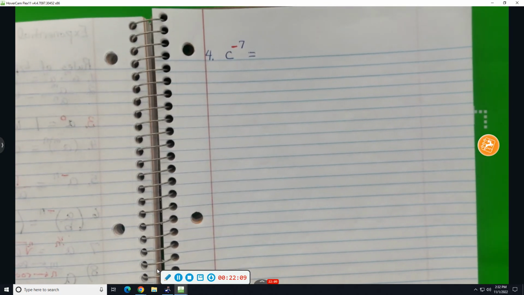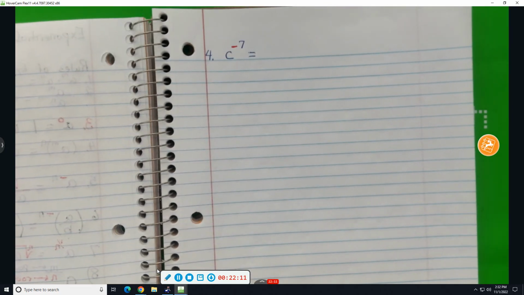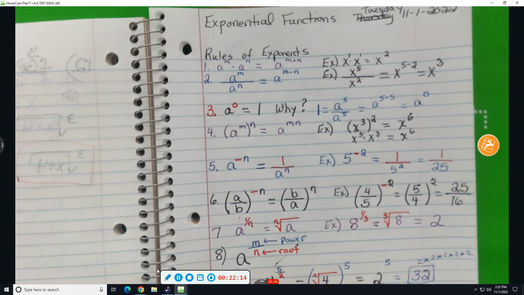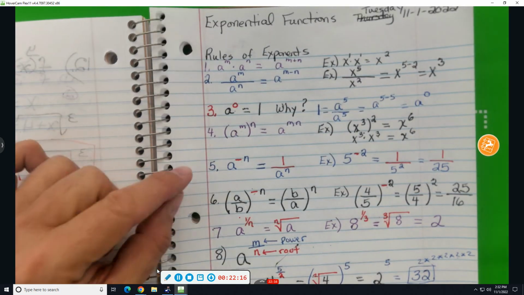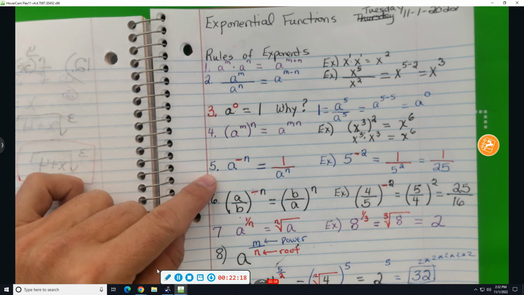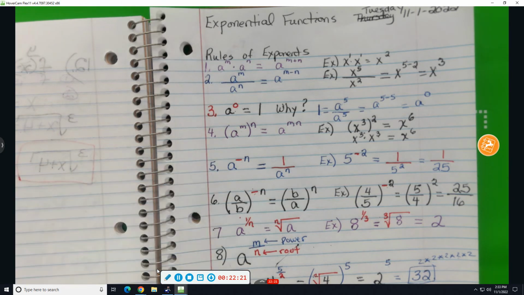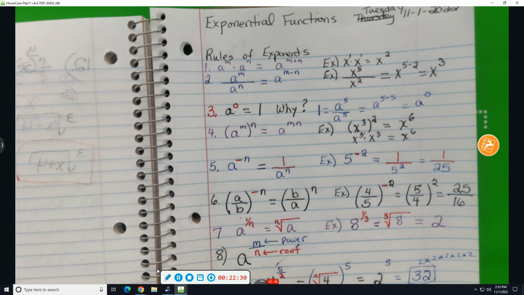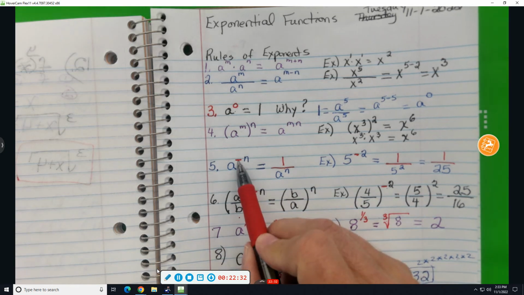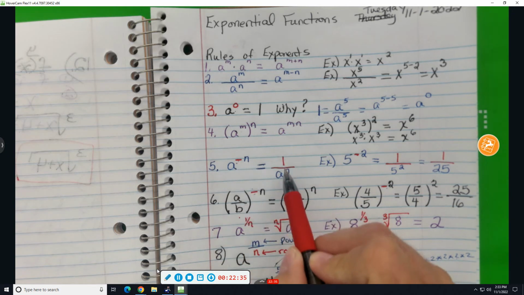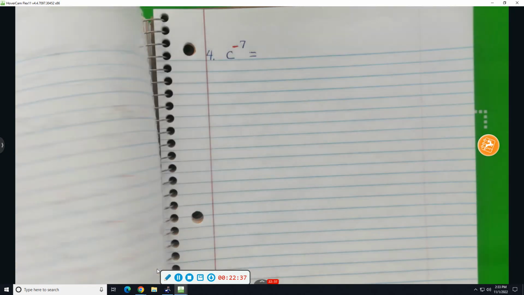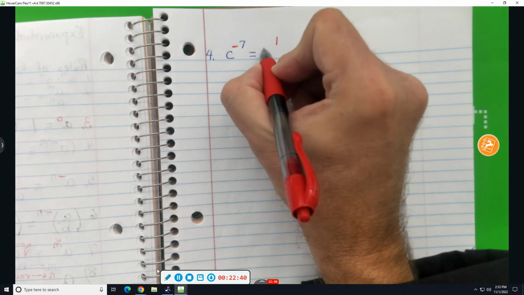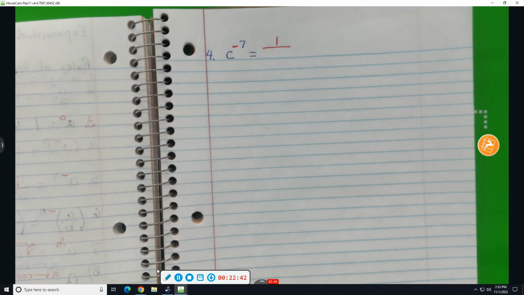Well, this one has a negative exponent. So we have 2 rules with negative exponents. What we're going to be using here is rule 5. We used rule 6 for problems 2 and 3, where it was a fraction raised to a negative power. If it's not a fraction raised to a negative power, then a negative exponent means 1 over. 1 over what?